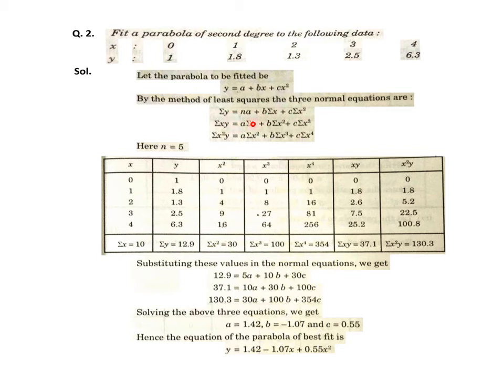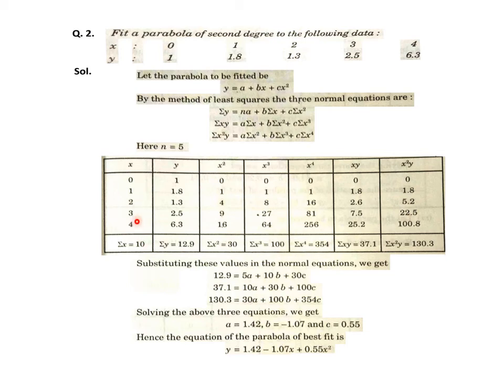Then we must substitute all these values: sigma y, sigma x square, sigma xy, sigma x cube, sigma x square y, sigma x power 4. All of that can be created through a table in which the first 2 columns are x and y, the values given, arranged as columns. Then as per our requirement we created x square, x cube, x power 4, then multiplied x and y together, and x square and y together.